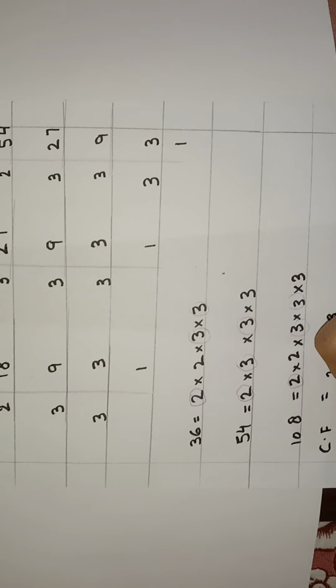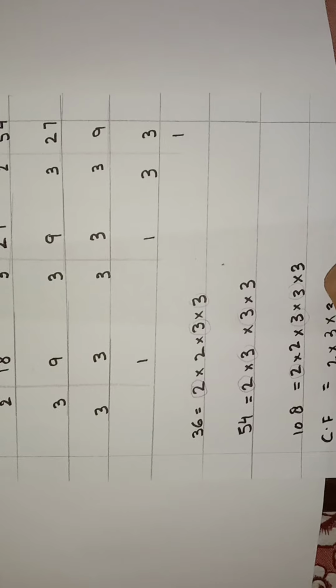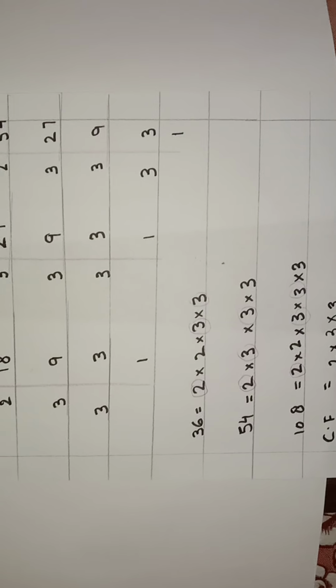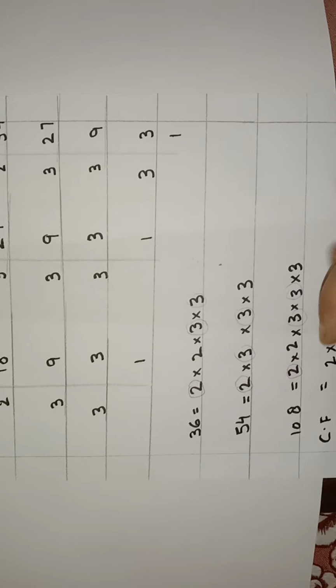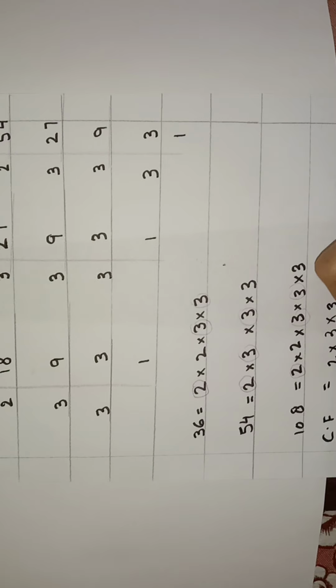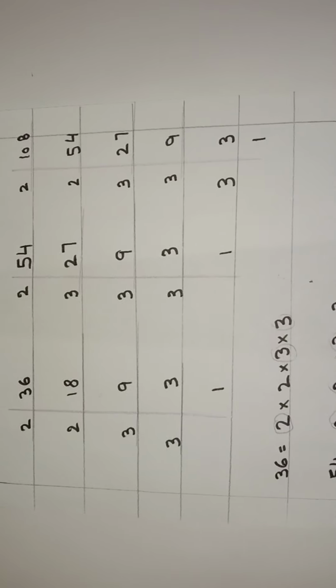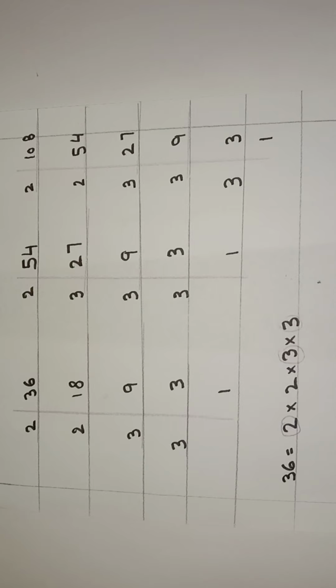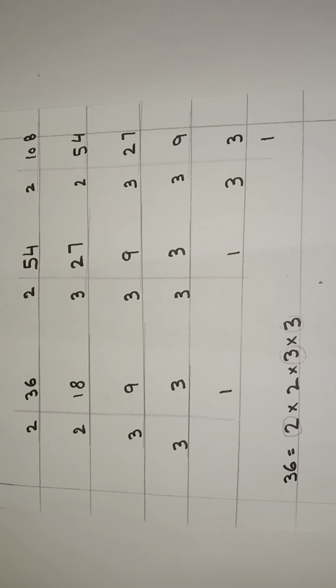Highest common factor HCF is equal to 2 threes are 6, 6 threes are 18. 18 is the highest table in which 36, 54 and 108 occur combined.